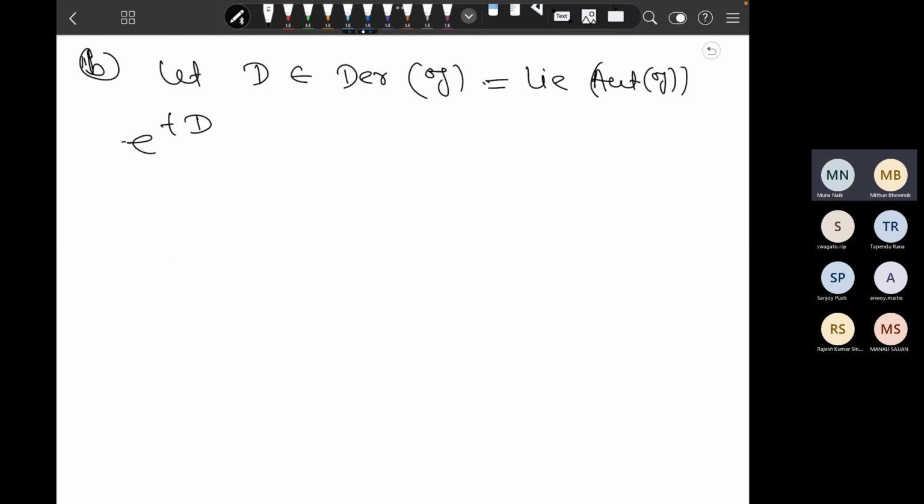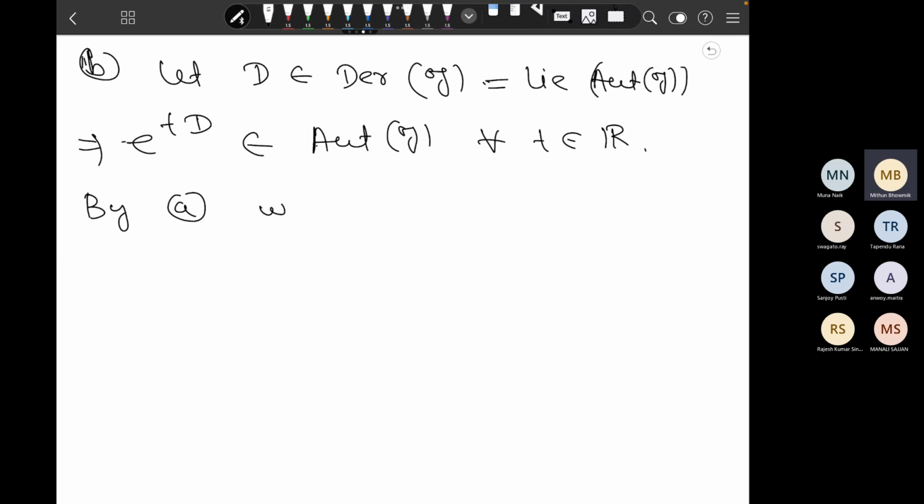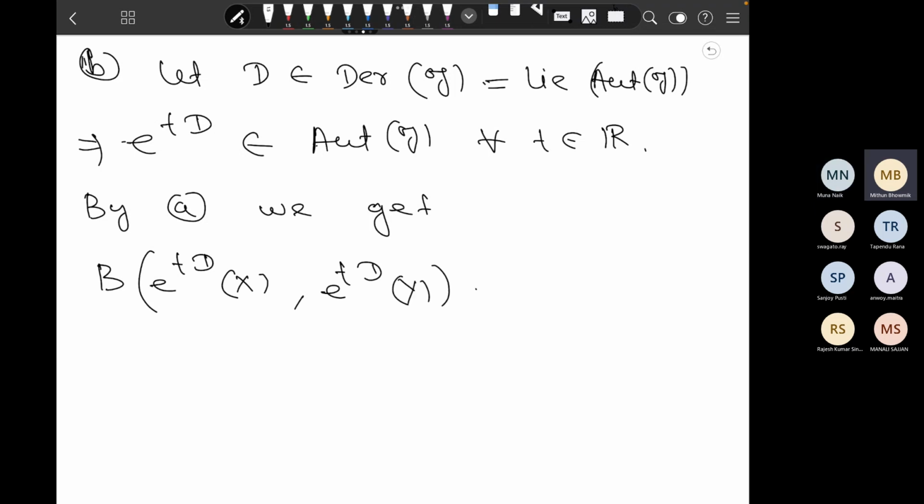So e to the power tD belongs to the automorphism group of G for all t belongs to R. Then I can apply A. So by A we get B of e to the power tD x, e to the power tD y is equal to B of xy, and this happens for all t belongs to R. So now taking the derivative at t equal to 0.